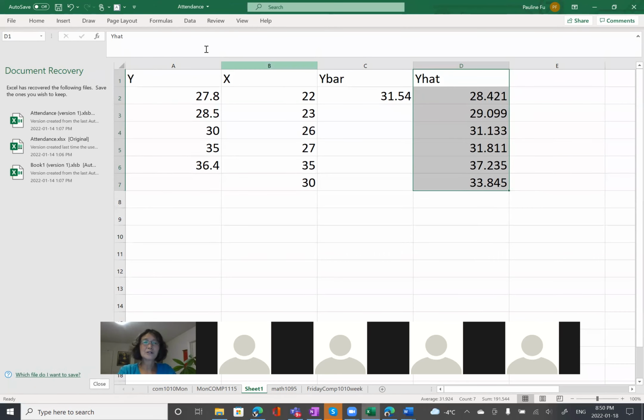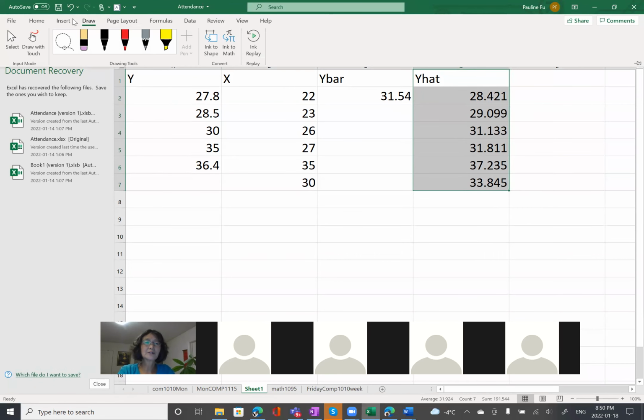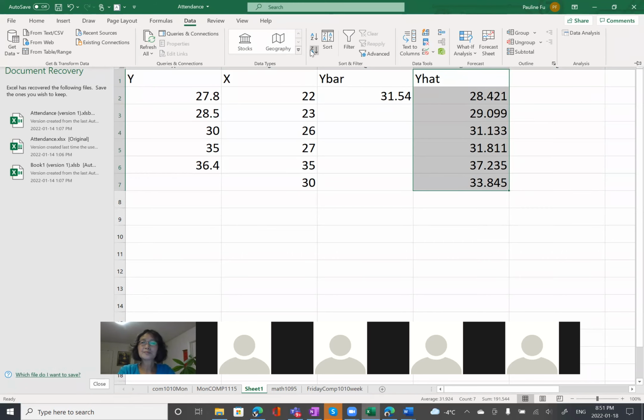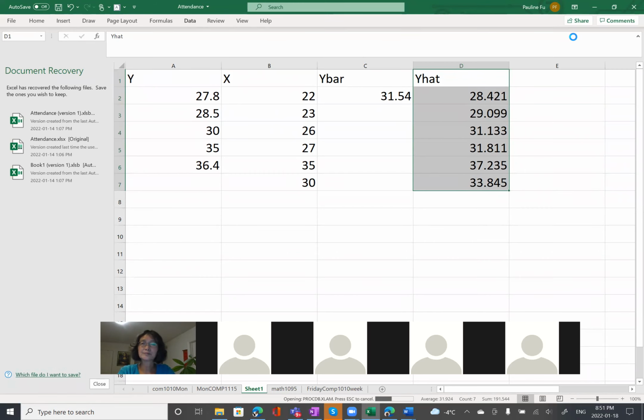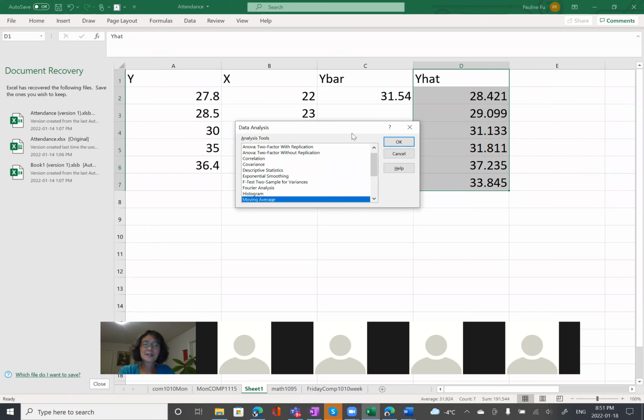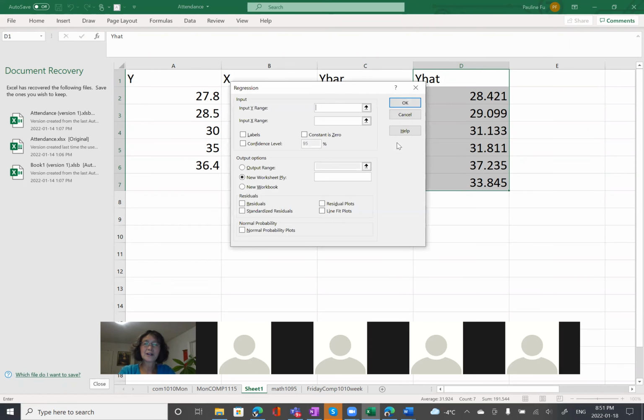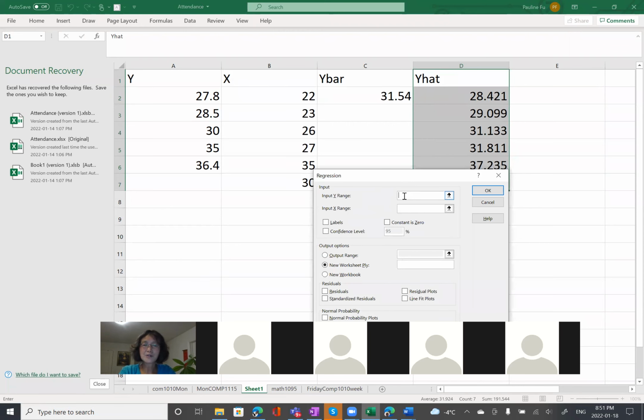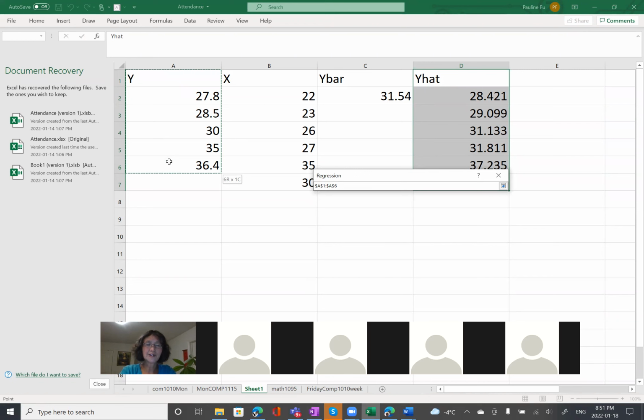Now I'm going to go to Data, Data Analysis, Regression. Click OK. Now you are asked to input the Y range. So you click here from A1 to A6.